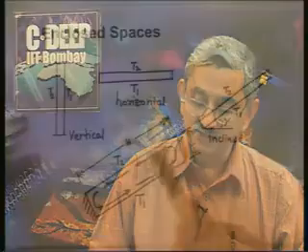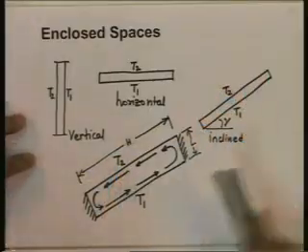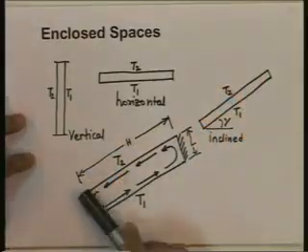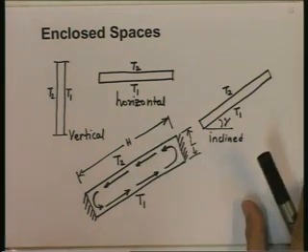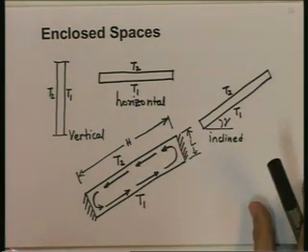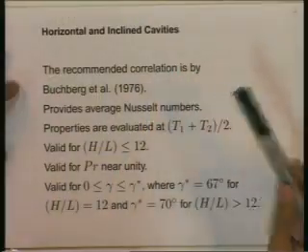Correlations are available for long cavities where the ratio of H by L is large, a cavity which does not look like a square but looks like a long rectangle. The recommended correlation is by Buchberg and Associates.